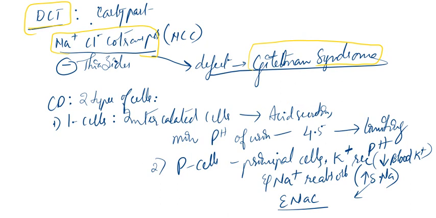Now this epithelial sodium channel present in the P cells of the collecting tubule is blocked by a very important drug. Remember please, everyone: amiloride.